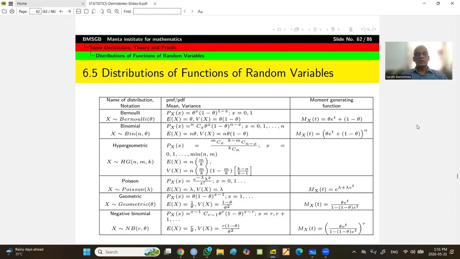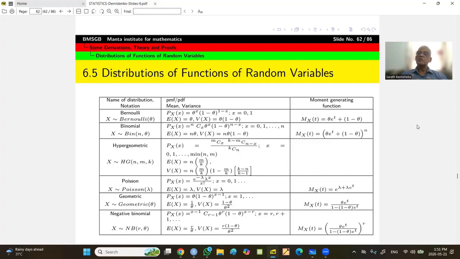But I have here a collection of distributions: binomial, Bernoulli, hypergeometric, Poisson, geometric, negative binomial for discrete, and normal, exponential, gamma, and so on for continuous. And I have given you the moment generating functions here, right? So these are well-known moment generating functions.